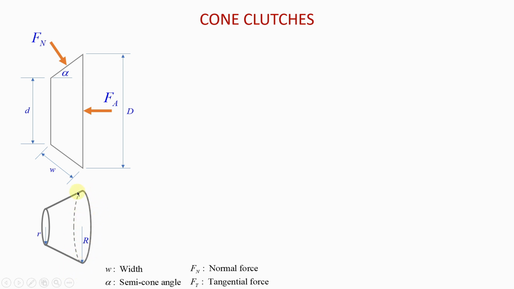I hope you can make sense of what I'm trying to explain. If we assume that this cone is rotating like this, the tangential force will be into the page, because it will be going in that direction to try and rotate it like this. That's how the cone is rotating. When we look at it in 2D, the tangential force is acting somewhere here, but it's into the page, so that this thing will be revolving about the axis that passes through the center of the cone.